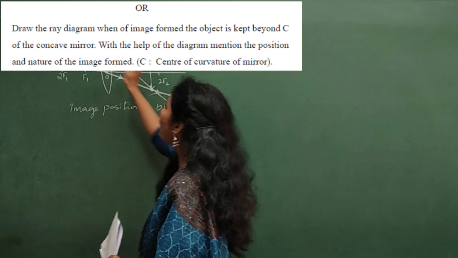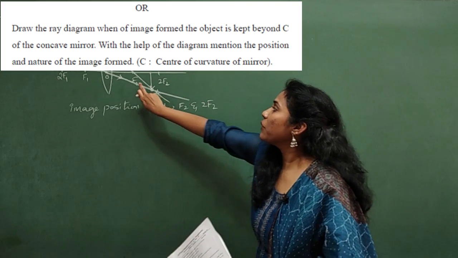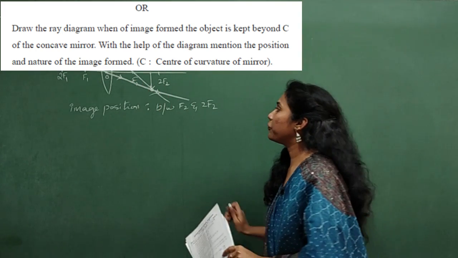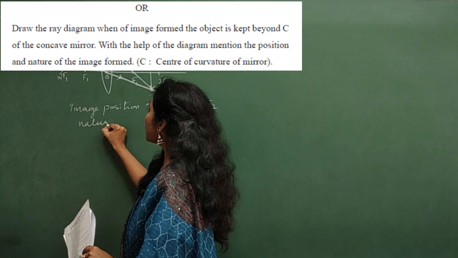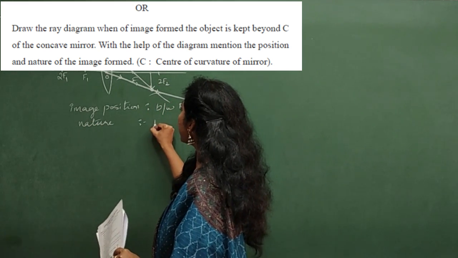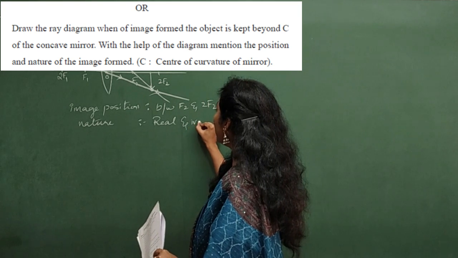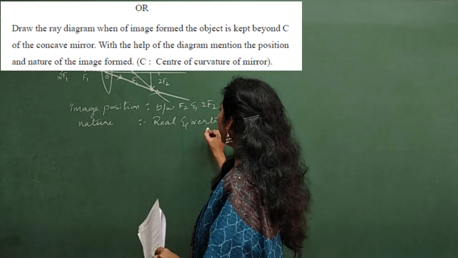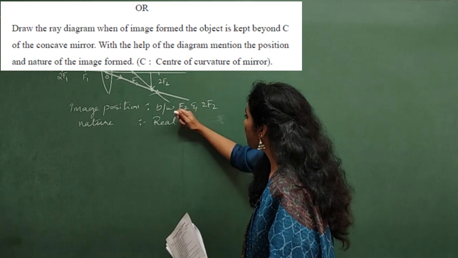So if you keep an object beyond 2F1, you get your image between F2 and 2F2. And what type of image is it? Nature of image is what? It is a real image, real and inverted, right? Real and inverted image you will get.